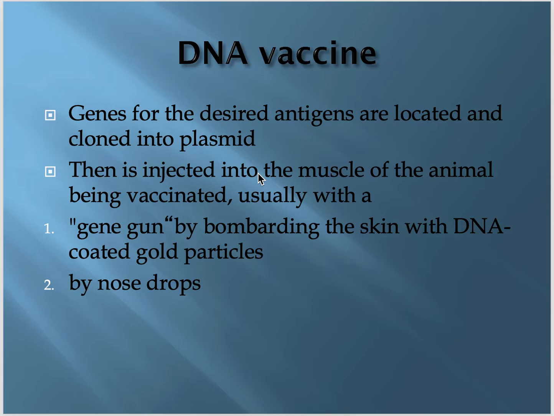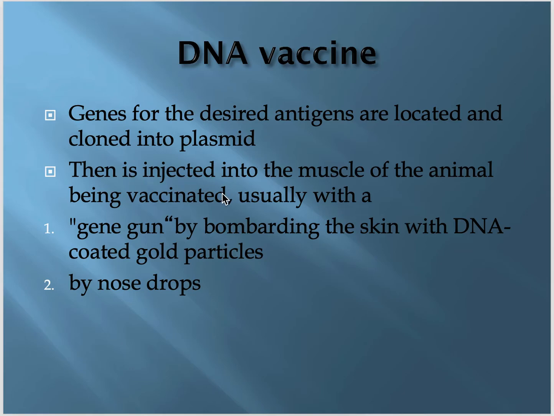Then we clone this gene into a plasmid, and we use this plasmid as the vaccine. So first isolate the gene which encodes your desired antigen, insert it into a plasmid, then use this plasmid as a vaccine.